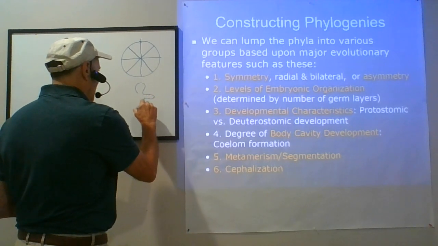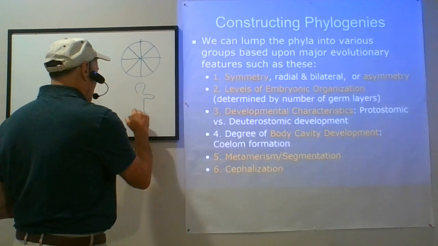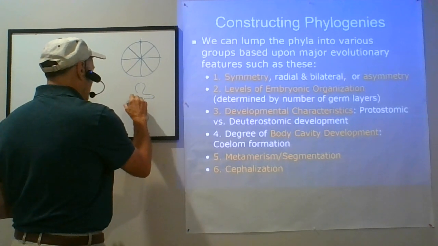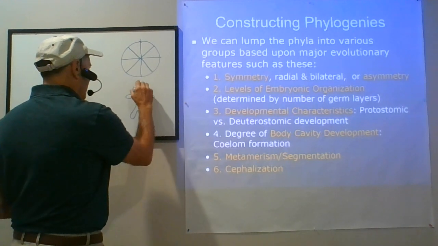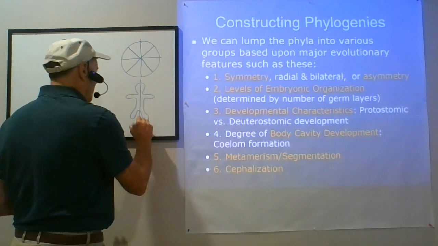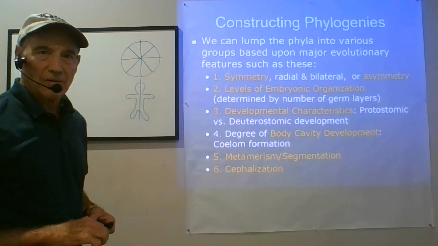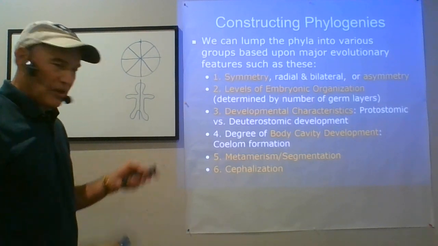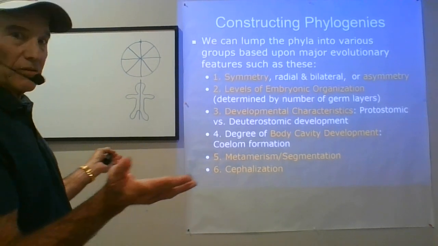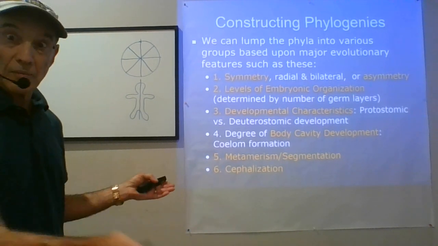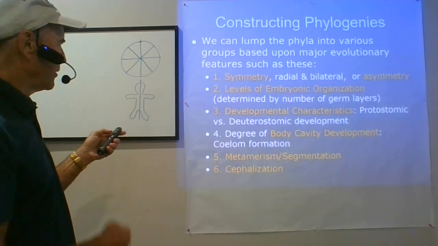And I'm going to draw a gingerbread. I'm not an artist, obviously. There you go, bilateral symmetry. So the question is, do they have radial symmetry or some other symmetry or no symmetry, or are they bilateral?